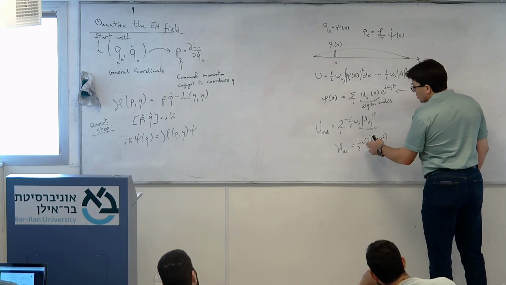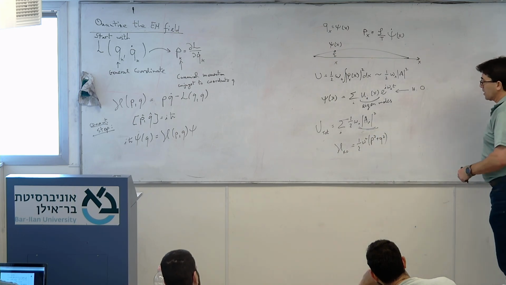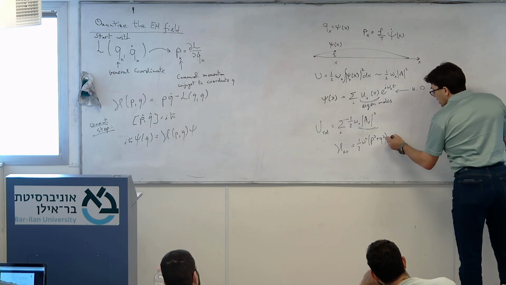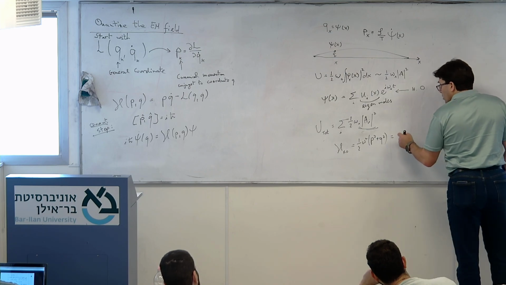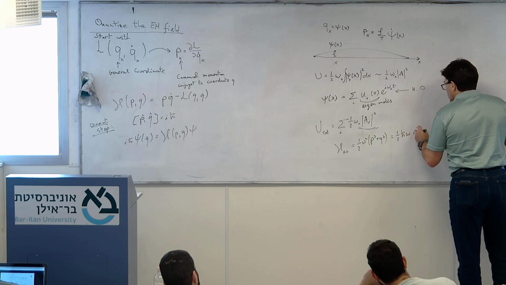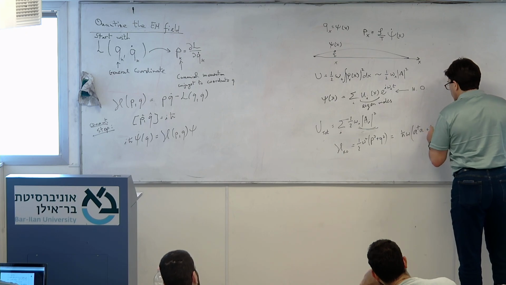Of course, we should be a little bit more careful. And it can also be written, and this is actually correct, as h bar omega times a dagger a, or h bar omega times a dagger a plus half.